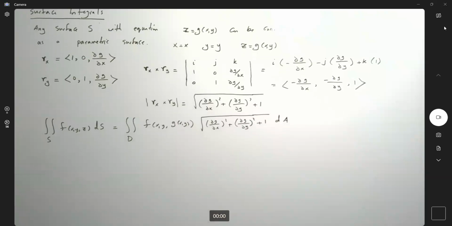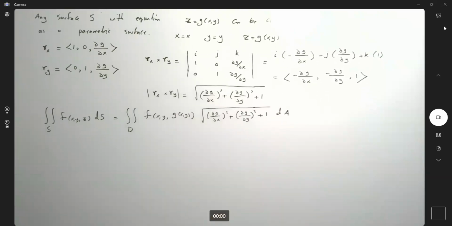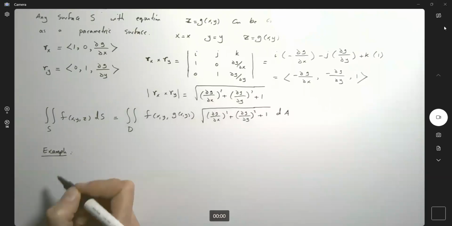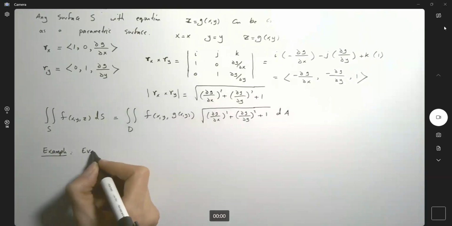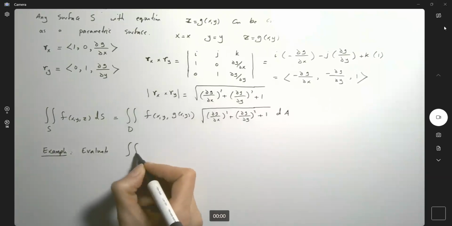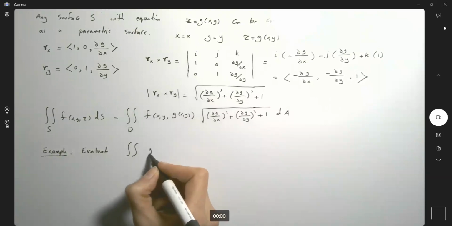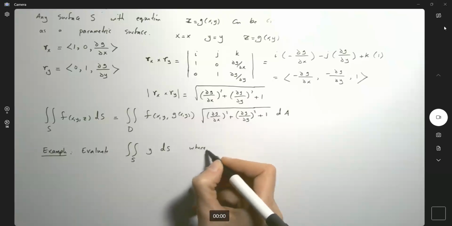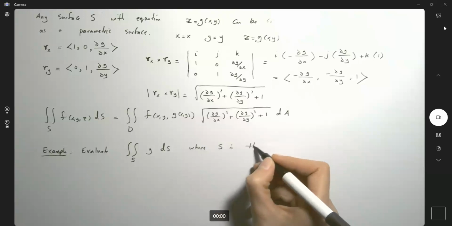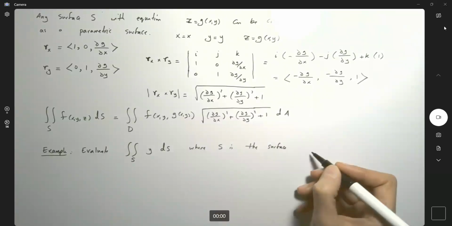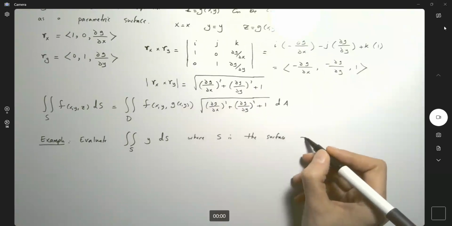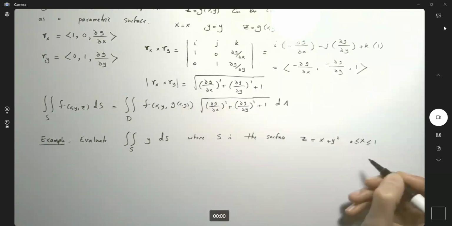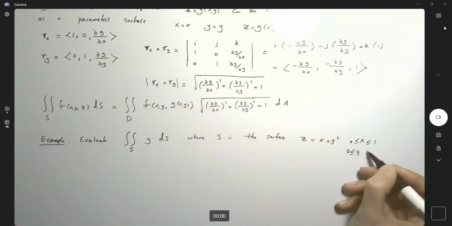Let's take a look at a quick example to apply this formula. In this example, you have the following scenario. I ask you to evaluate the double integral of y dS over S, where S is the surface given to us as z equals x plus y squared. x is bounded between 0 and 1. y is bounded between 0 and 2.